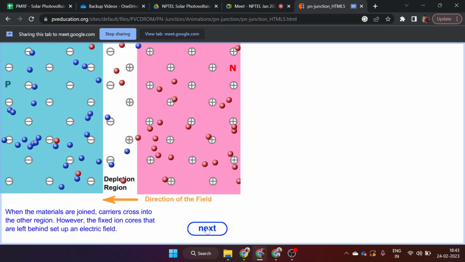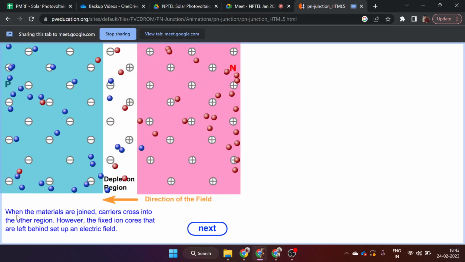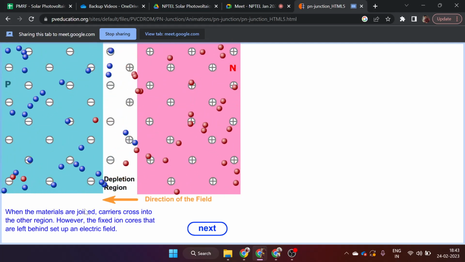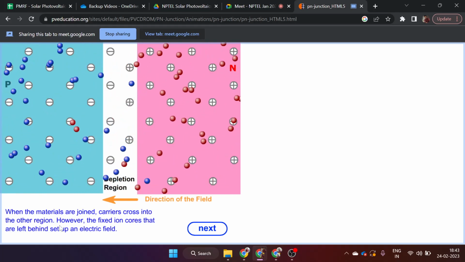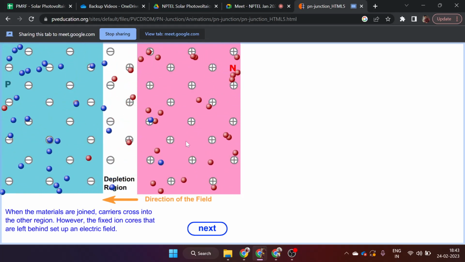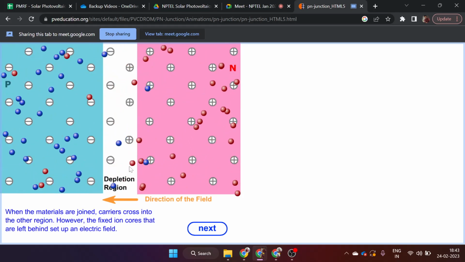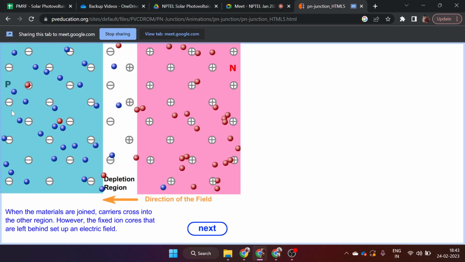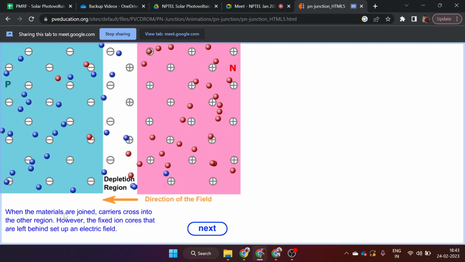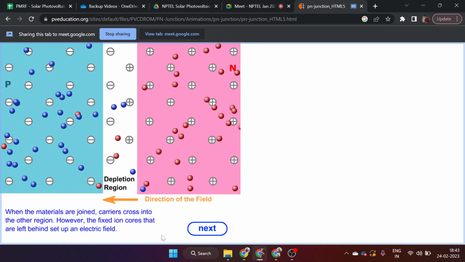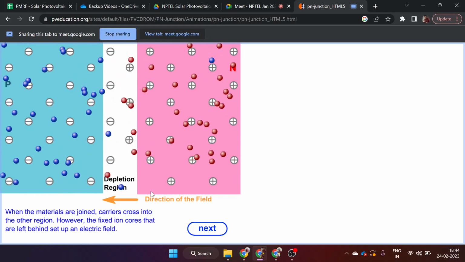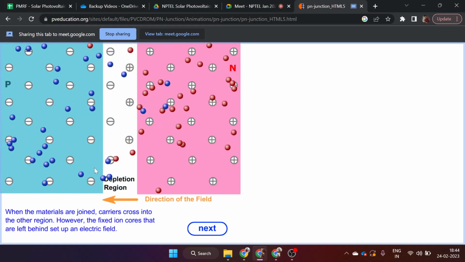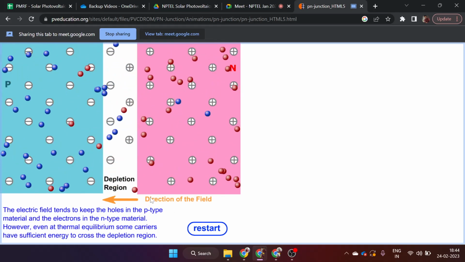So let's see next. It is saying when materials are joined, carriers cross into the other region. The fixed ion cores that are left behind set up an electric field. This is the direction of the field.